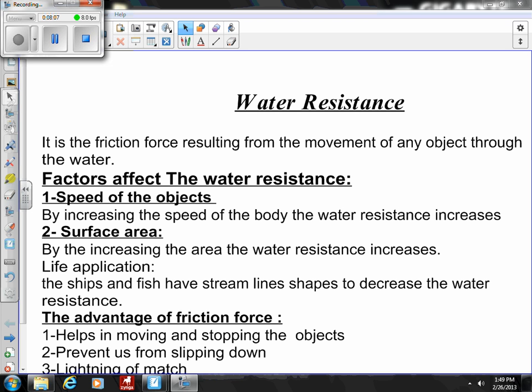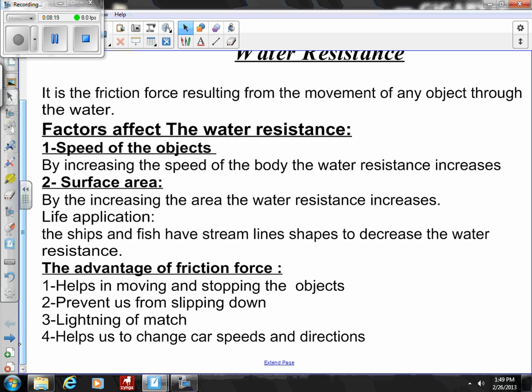What is the force to prevent us from slipping down? What's the meaning of slipping down? Skate. The friction force. What else? It helps also in moving and stopping the objects. Okay.